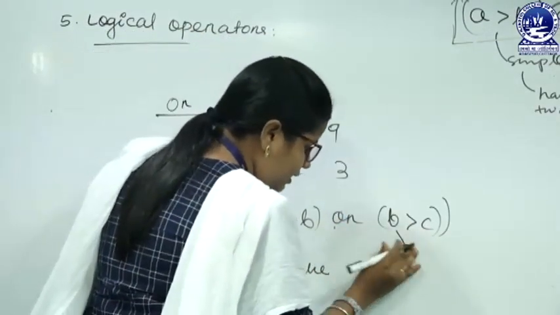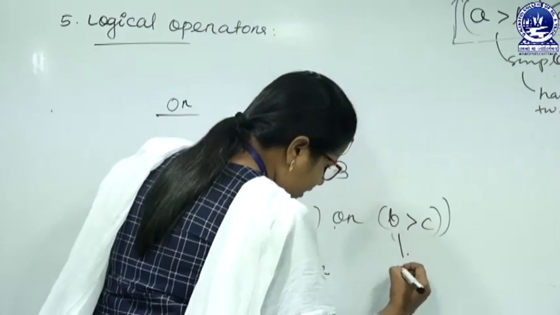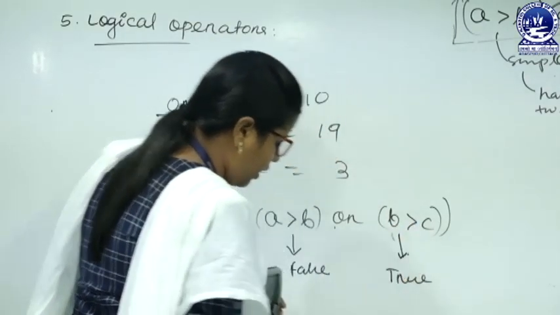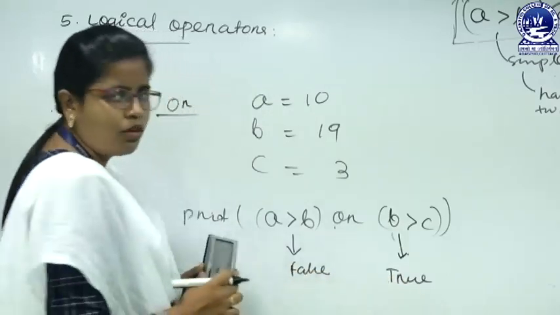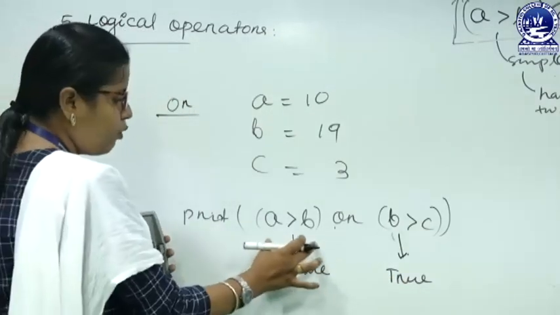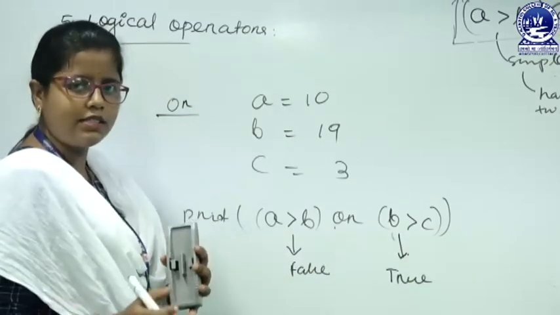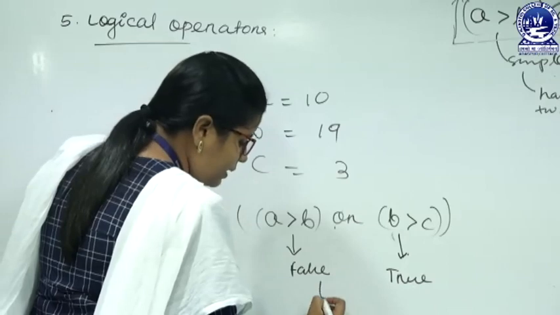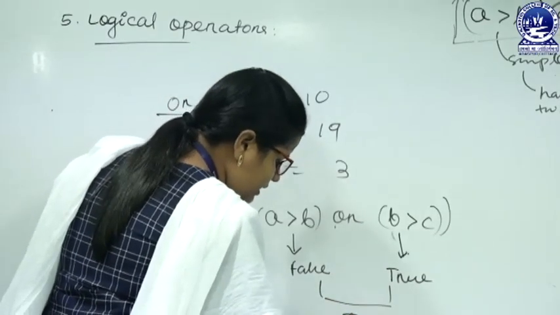Now, false or true. The rule says that if both statements are false, then the answer is false, otherwise it is true. So false or true gives the result true.